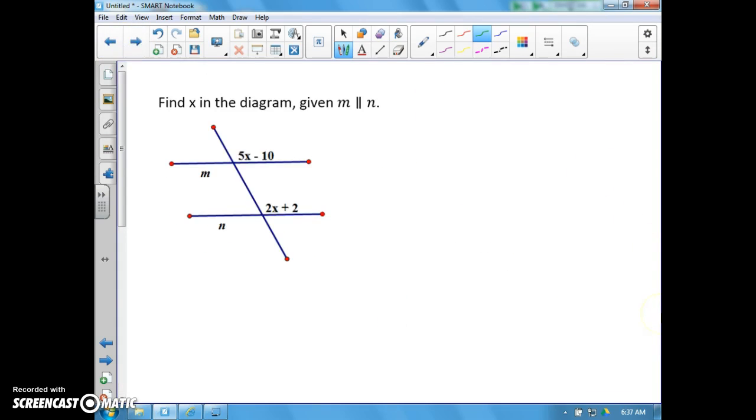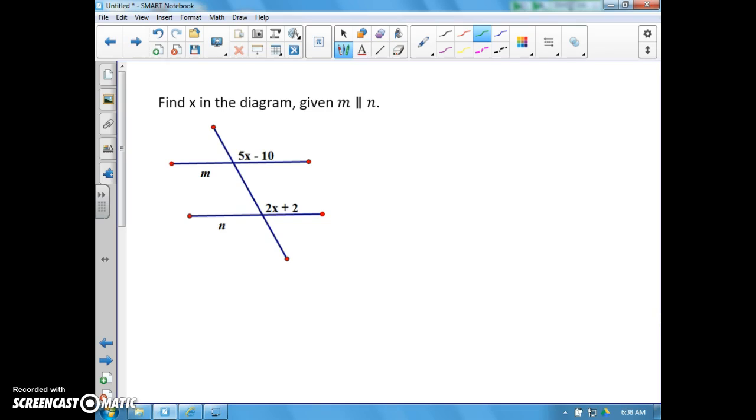Now, if I want to find x in this diagram that will make these two lines parallel, well, we know that if those angles are congruent, then the lines are parallel because of the corresponding angles postulate. So I am going to set those two angles equal to each other for this problem to find x.